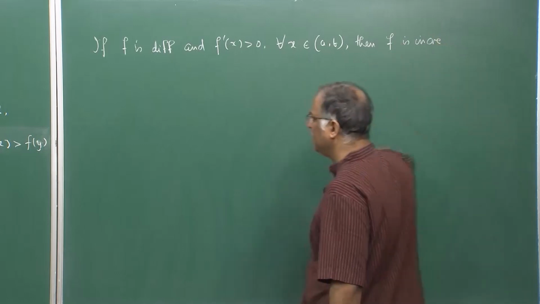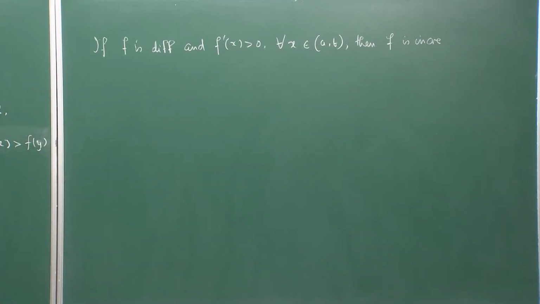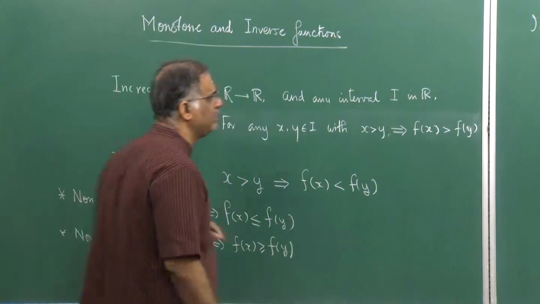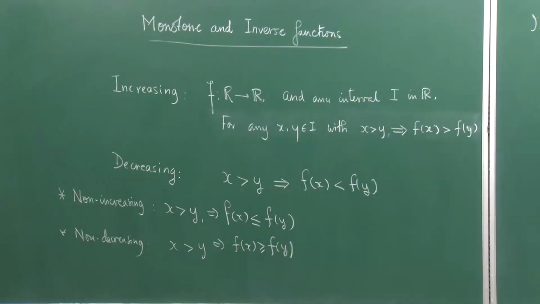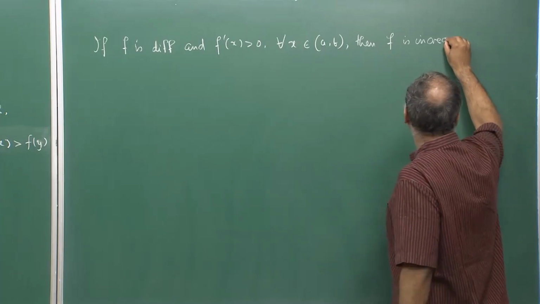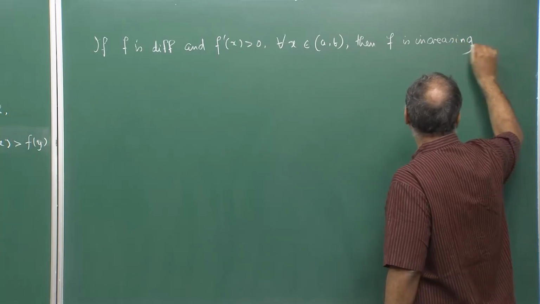After these terms have been coined in the literature, some people started calling this strictly increasing and strictly decreasing, but we will keep on calling them increasing and decreasing. Increasing in a b.